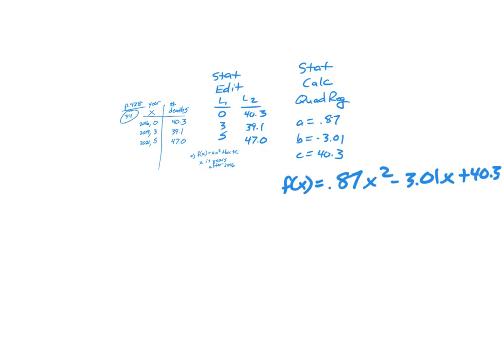I'm not going to ask you to do that on the quiz, but you will have a problem like this on the quiz, and it's strictly just a calculator problem, but it's not a matrix problem, so it's a little bit different. There is a way to do it with matrices, but I'm not going to show you that because this is a much easier way of doing it. Okay. If you need help with that one on your Casios, let me know, and I'll come around and help you with that one.